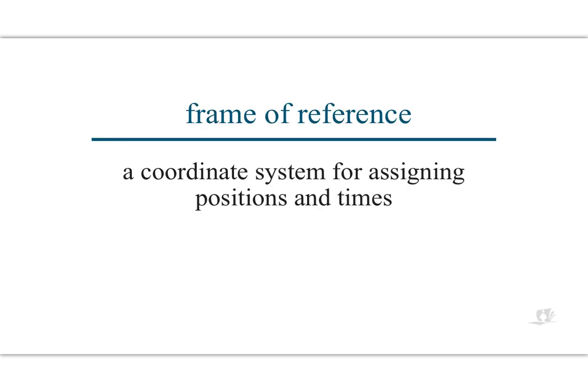As we look at this, we do have to consider a frame of reference. So the frame of reference is a coordinate system for assigning positions in time. This is going to be exactly what you think of when you think of the phrase frame of reference. As you are sitting in a specific location, and you look around at what looks like it's moving, what looks like it's not moving, that's going to depend on you.